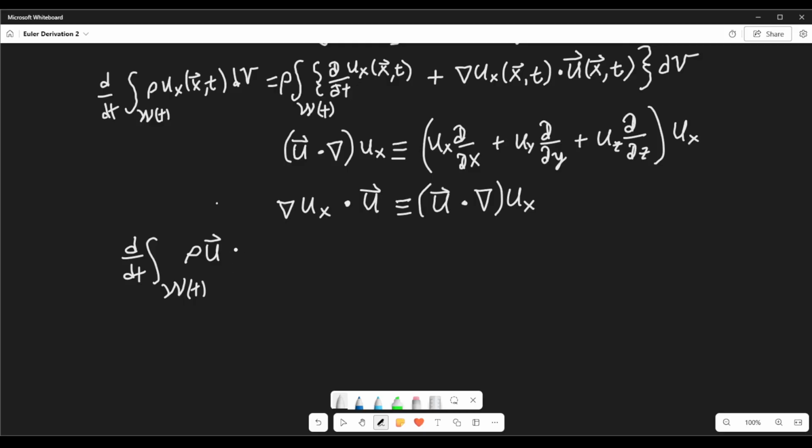So this can be written as the vector again, and I'm going to drop the explicit space and time dependence for the moment on most of this. So the partial derivative, in this case the u vector.